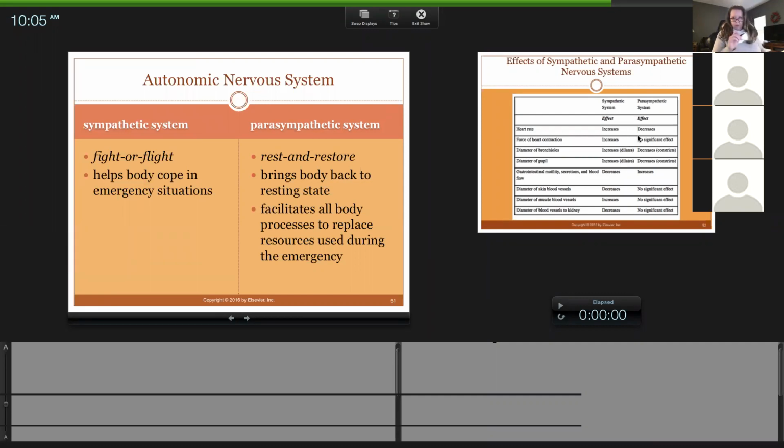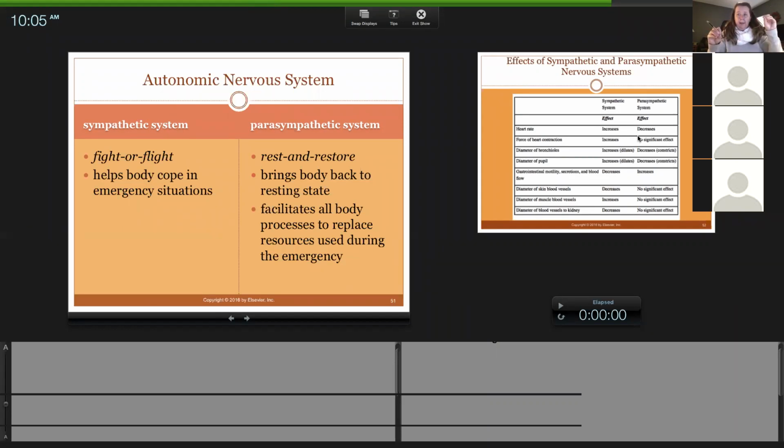I left off here. We were talking about the autonomic nervous system. And when we talk about this, there are divisions of the nervous system. There's obviously CNS and PNS, but then we talk about the control divisions.